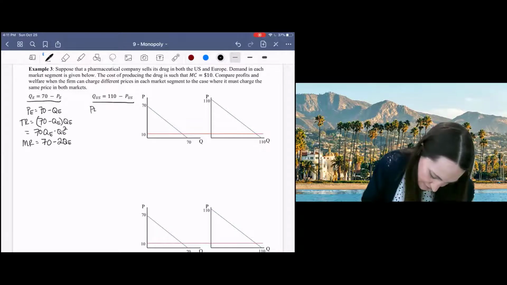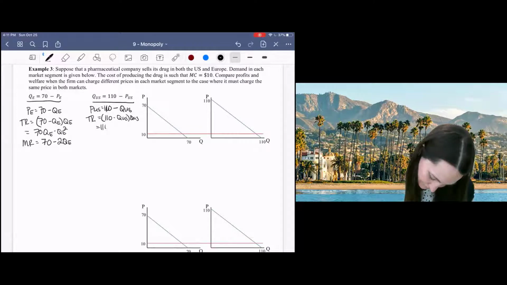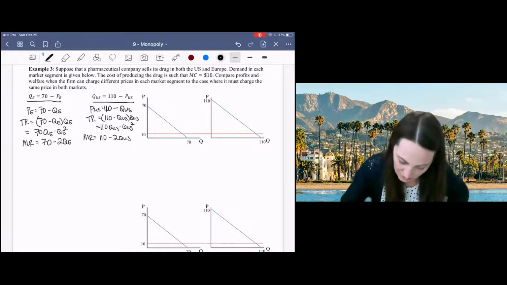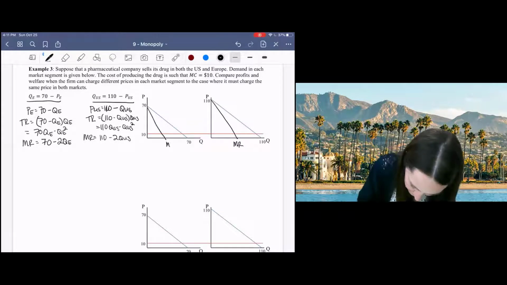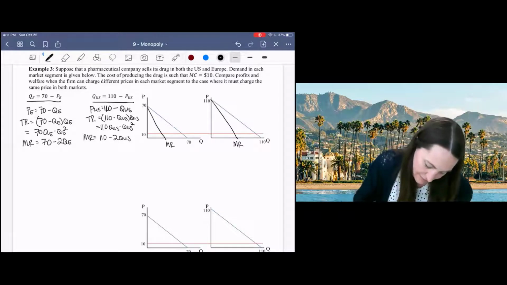And then same thing in the US. I have to rearrange, so it's P equals, and then I can calculate total revenue and marginal revenue. So I've got my marginal revenue here on each graph.